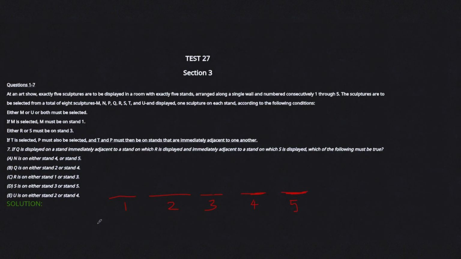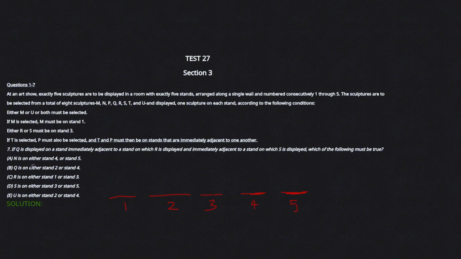Question number 7, and it says, if Q is displayed on a stand immediately adjacent to a stand on which R is displayed, and immediately adjacent to a stand on which S is displayed, which of the following must be true? So here, we need to visualize something.